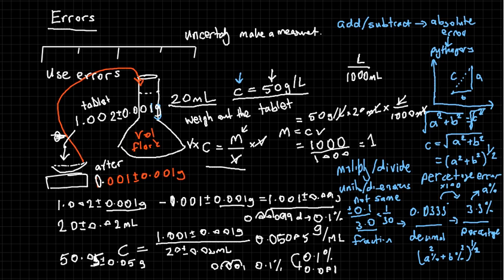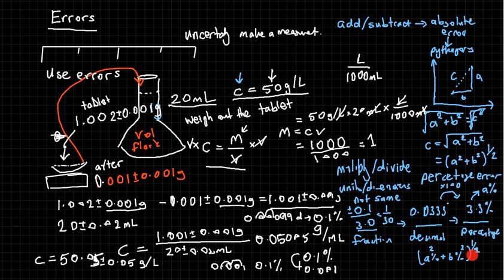And actually it's 0.05005, but because our number's last decimal places, there's two decimal places back, we just round that to the nearest digit in the error. So there you go. This is now our concentration, our grams per litre, and this is how we can now calculate the concentration of other things and make up standards.